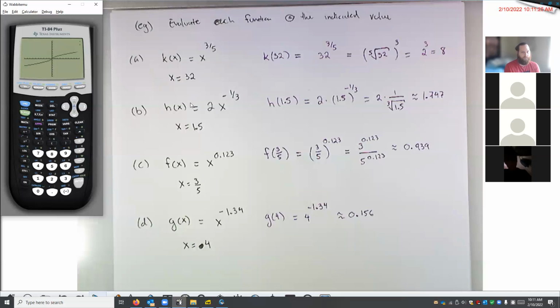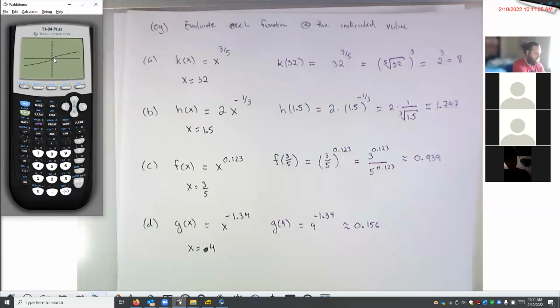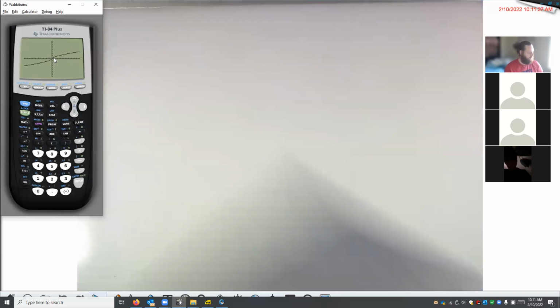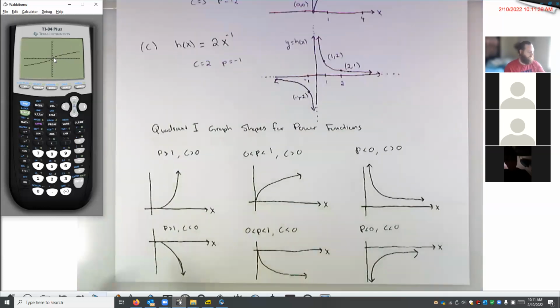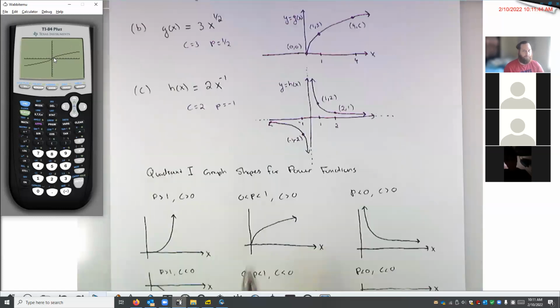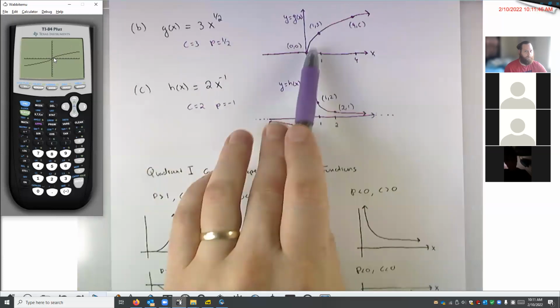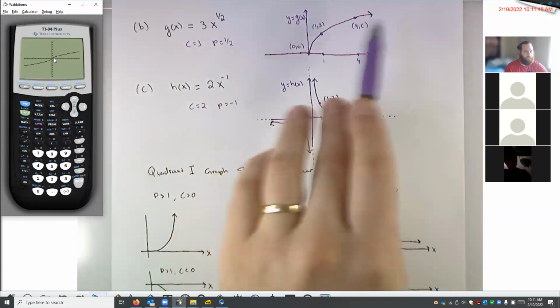Kind of nifty looking. Now, if you look just in quadrant 1, you notice this does have that increasing sort of concave down shape of the root functions that we said it would have. Right? This guy has this basic shape in quadrant 1, but he's different than the root function we graphed here, which only has the quadrant 1 shape.